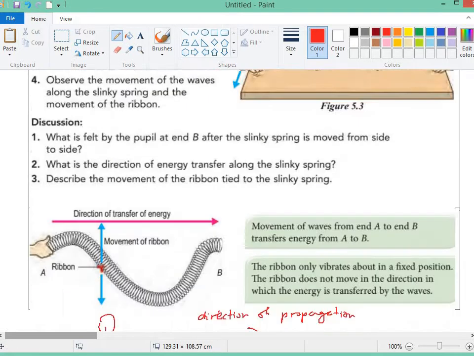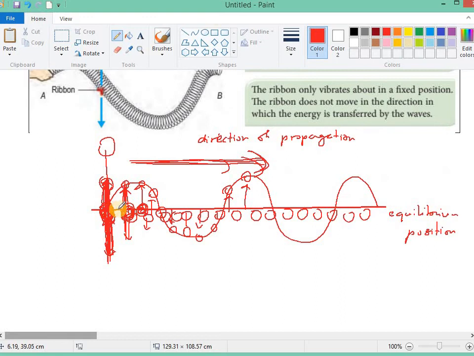For example, the water molecule: at first it's here, goes down, goes back up, back to the equilibrium position. Down, up, equilibrium position. Down, up, equilibrium position. So you see it is a repetitive motion. All oscillation and all vibration are repetitive motion.